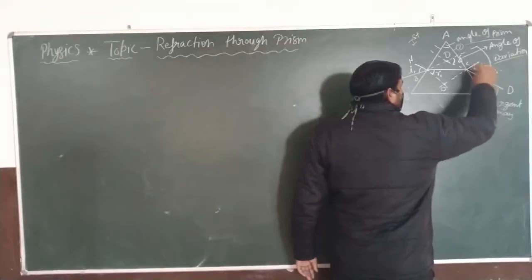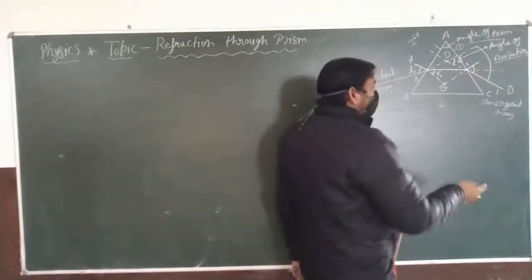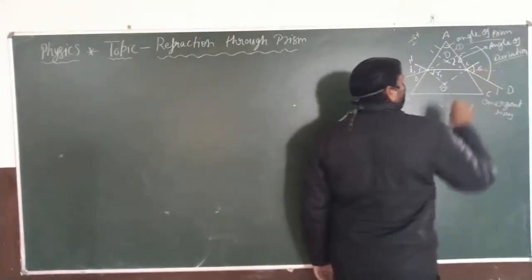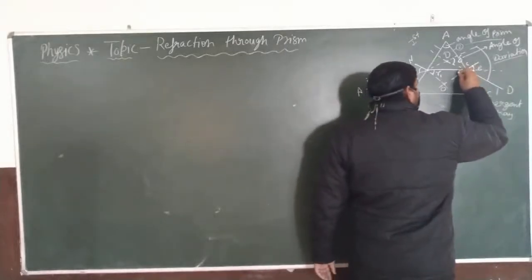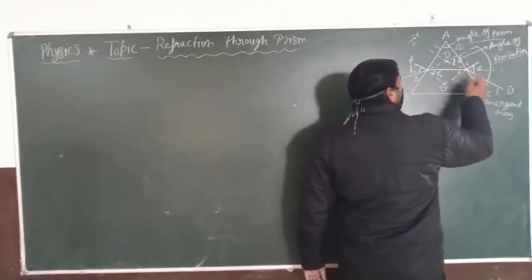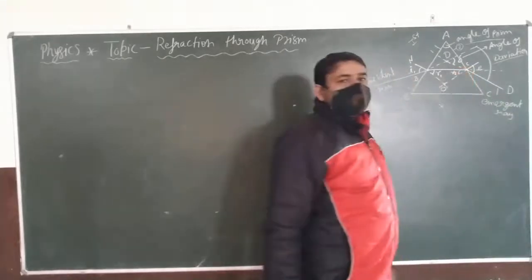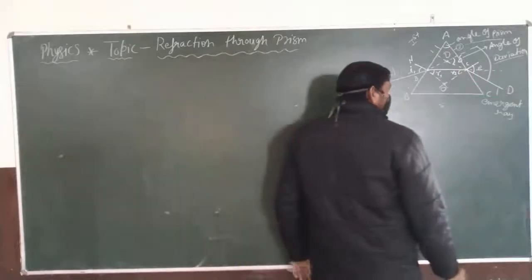Next, the ray emerges out, so this is the angle of emergence, and the angle of the ray with the normal is r2. We are using r2 here because it is in the same way.